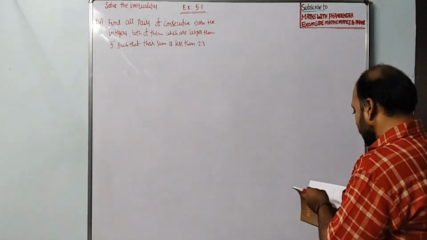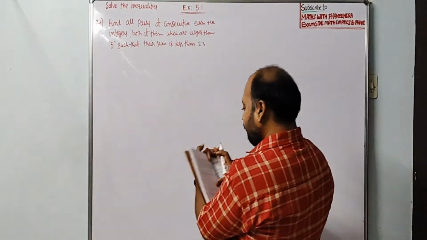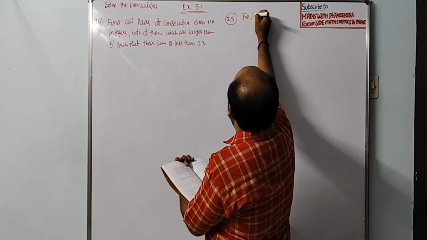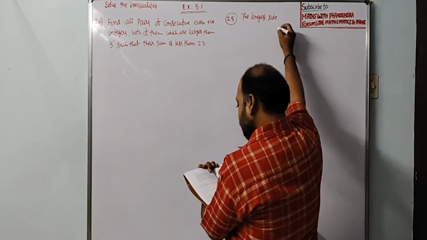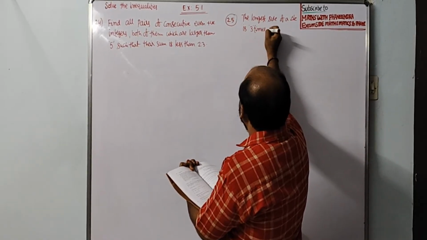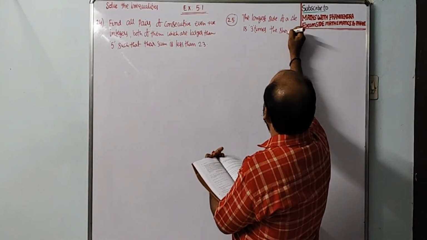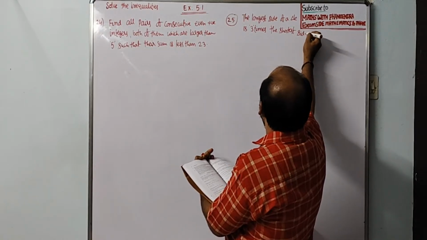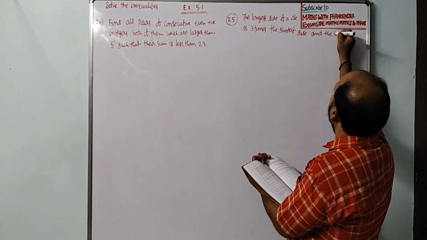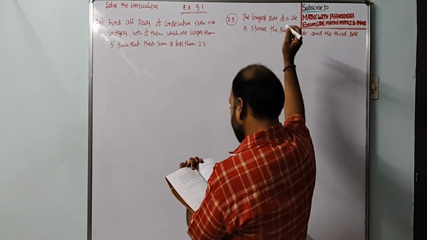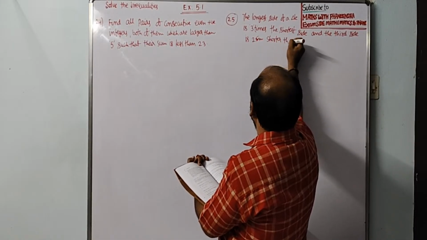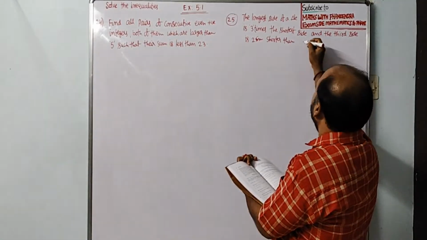Okay, now we'll move to question number 25 also. The longest side of a triangle is 3 times the shortest side, and the third side is 2 centimeters shorter than the longest side.